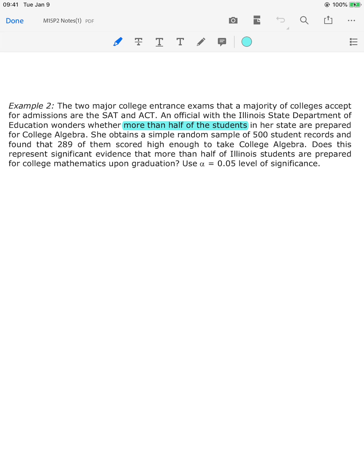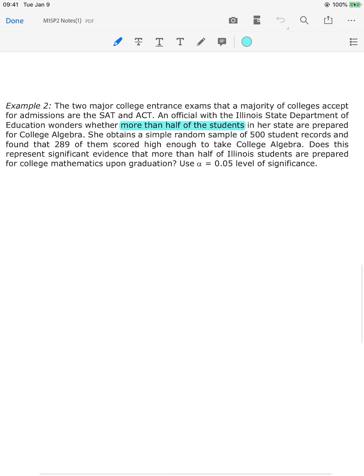She obtains a simple random sample of 500 students, and she found that 289 of them scored high enough. Does this represent significant evidence that more than half of Illinois students are prepared for college mathematics?